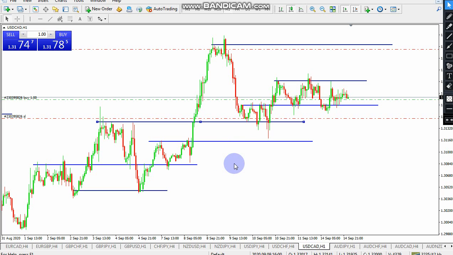You can just simplify it, looking at the chart from left to right like this, understand exactly what is happening, just by using simple support and resistance, direction of the market, who is in control, and then from there you can take your trade. I will most of the time be dropping videos like this just to show you that it sounds simple like this, but it's very, very powerful.